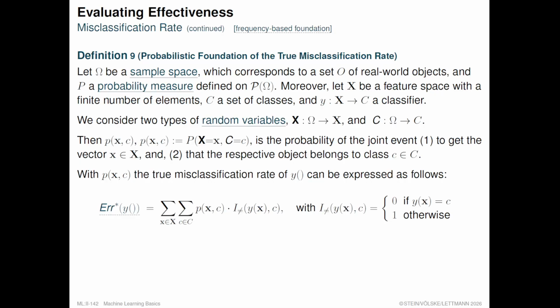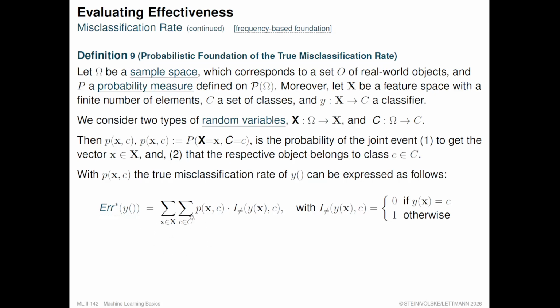And now we can basically just replace the frequency-based definition of the true error rate with a way that incorporates this probability here. So this basically looks like the formula that you just saw, but what we have here is a probability now, and it's summed up over all features and all classes for these features.